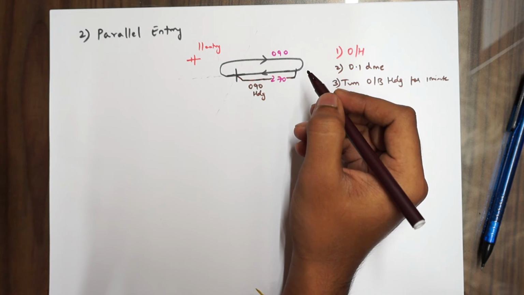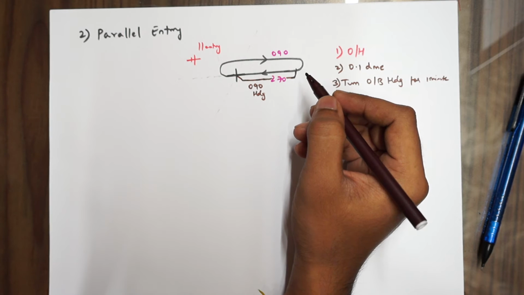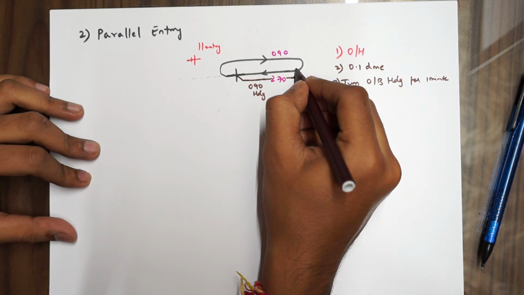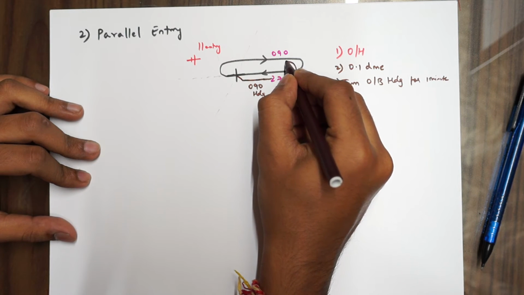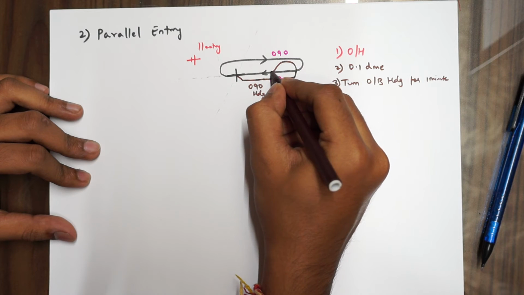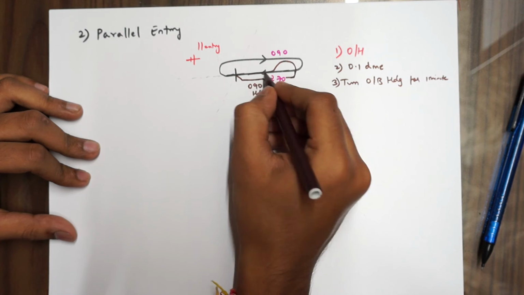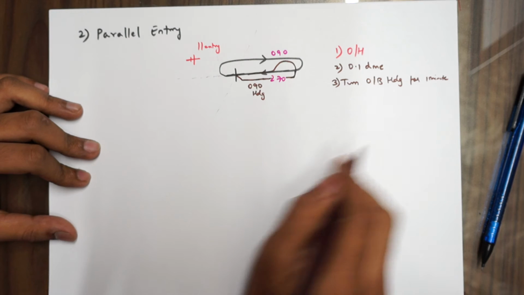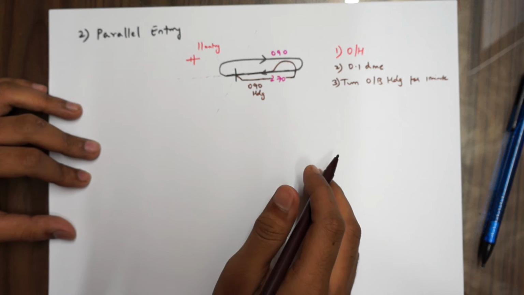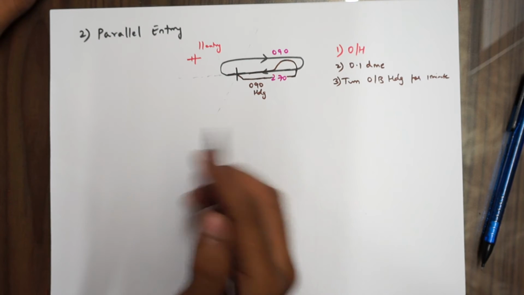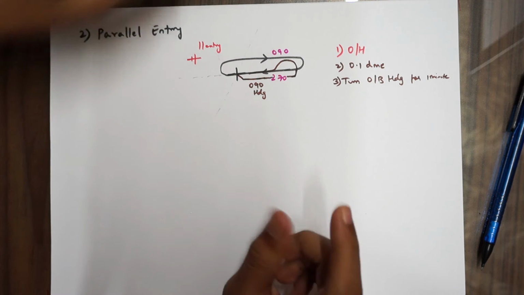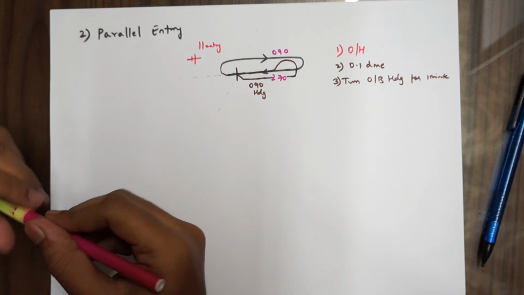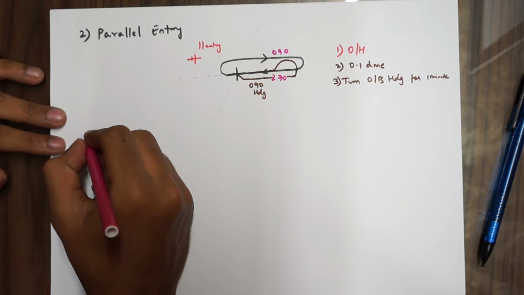All instrument flying turns are rate 1 turns. I'll explain what a rate 1 turn is. Take a turn into the hold and then join the hold. Once you're overhead, you can continue the hold. I hope this is simple. All the entry patterns are simple. It is just about knowing where you are and where you have to go.